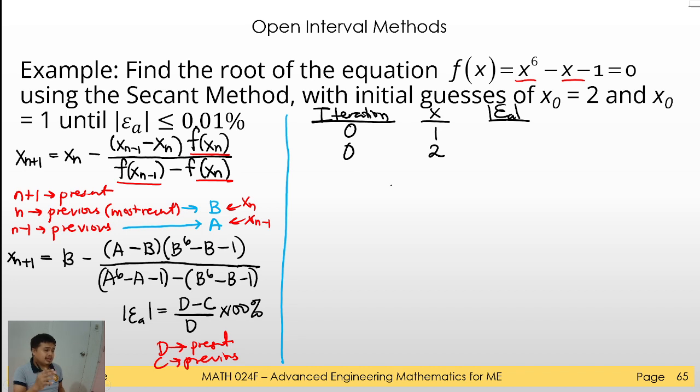But to make things consistent so that we will have the same answer every time, we will make the most previous approximation the lowest value. So the lowest value is 1 and the next value is 2, so that we are consistent.